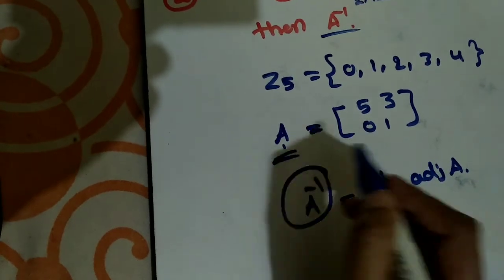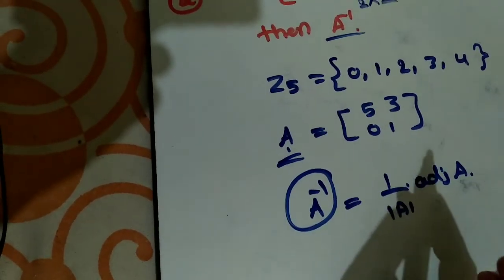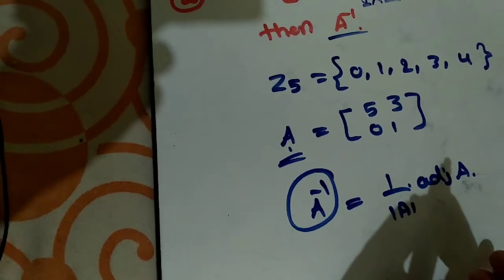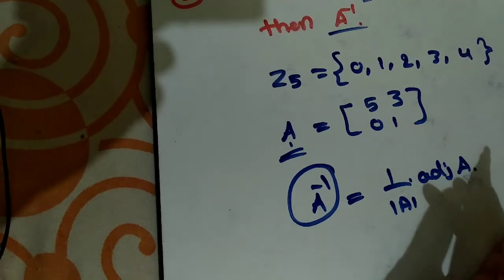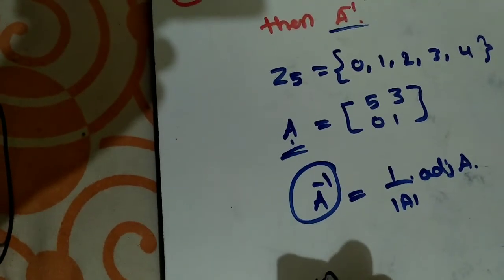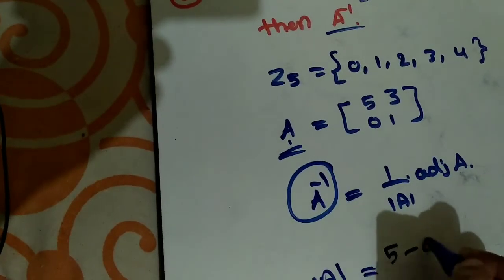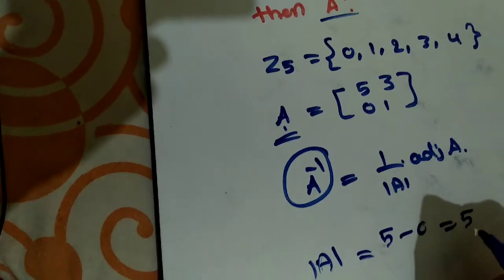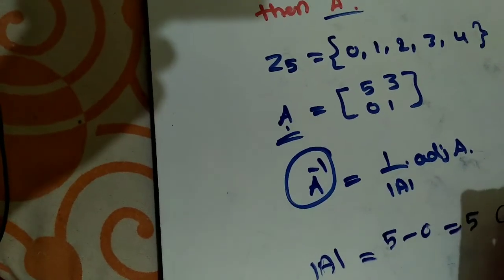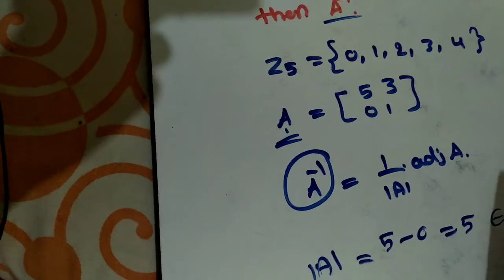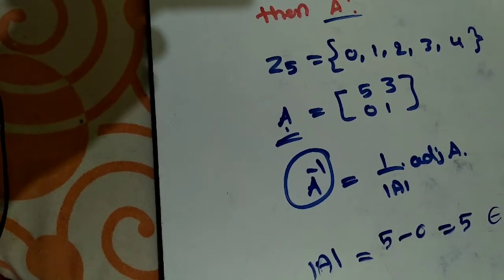If the determinant of A is not equal to 0, then we can solve, and we go to the next process. What is the determinant of A? 5 minus 0, which is 5. But does this 5 belong to Z5? Of course not.